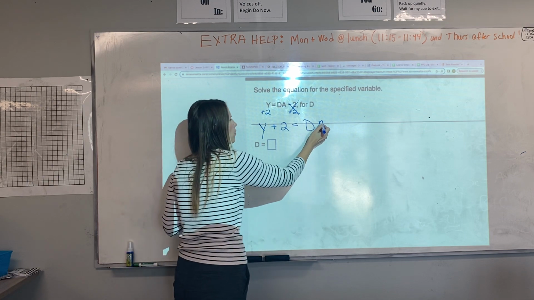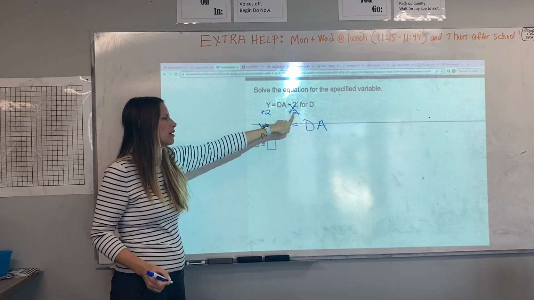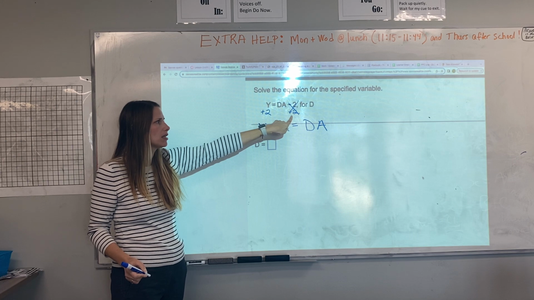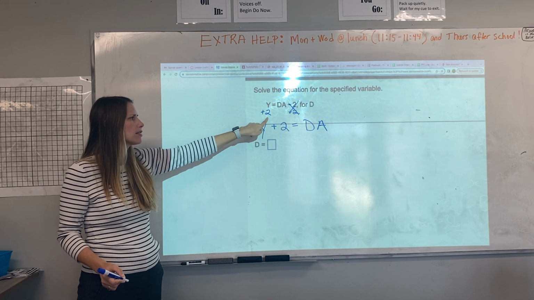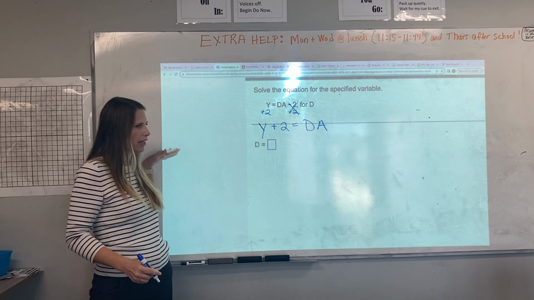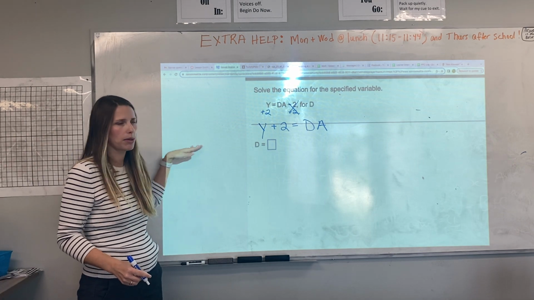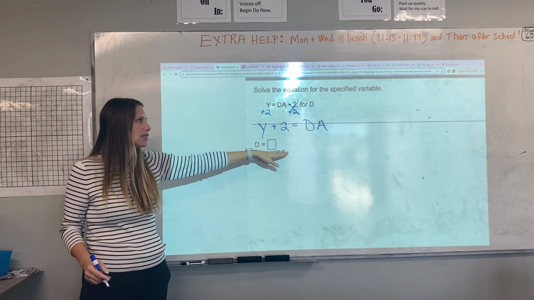That was step 1. Doing the opposite of the subtraction to both sides, rewriting it in like the horizontal form, right? Because that's how we write our equations.